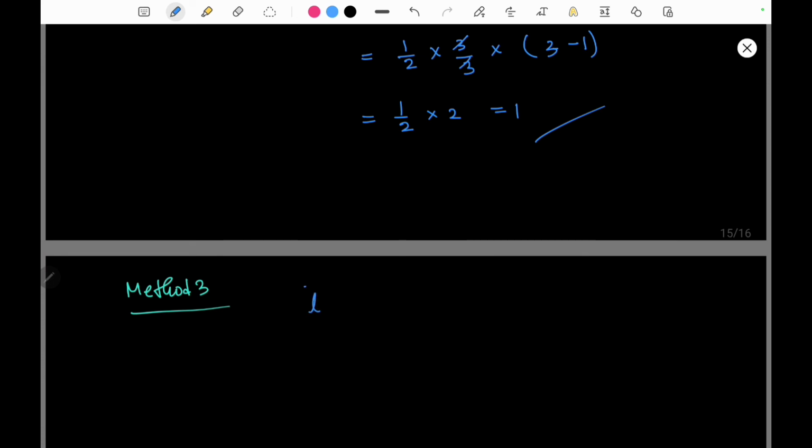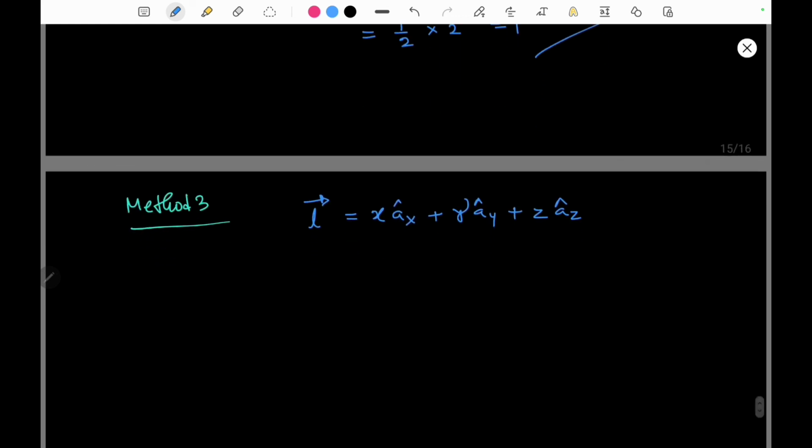So we earlier wrote this three-dimensional radial position vector, that is L vector equal to x x cap plus y y cap plus z z cap. I am writing this again so that if you did not get it earlier, you can understand it properly, or if you forget it, you can remember.